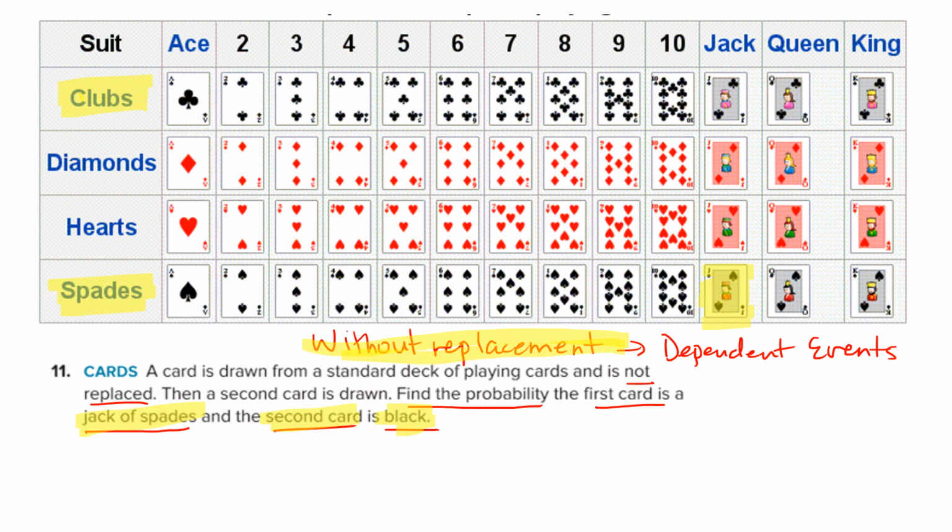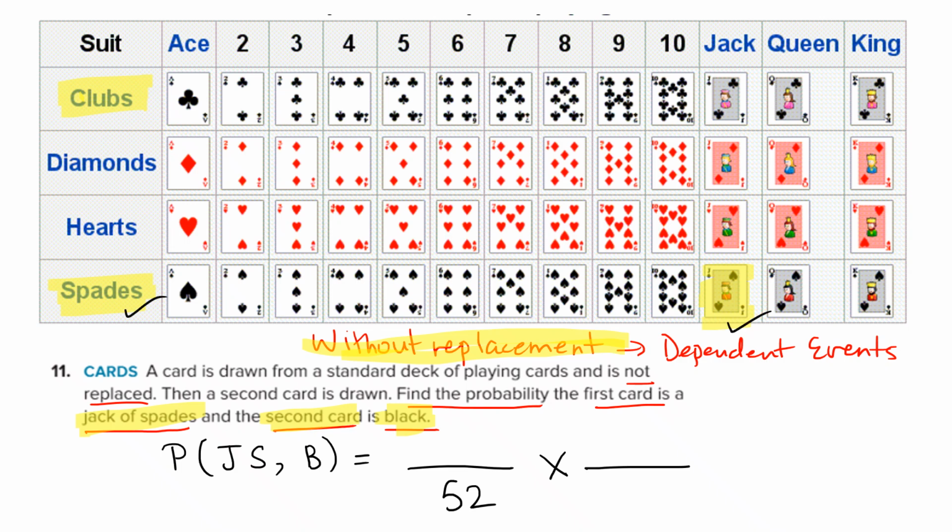So let's now solve. The probability that the first is Jack of Spades and the second card is a black, we need to find. So let's do the multiplication rule. Total 52 cards. I pick from spades only one card which is Jack. So one favorable outcome divided by total outcome 52. Now once I take this card Jack of Spades, the sample reduces and one card is out, so only 51 are left.